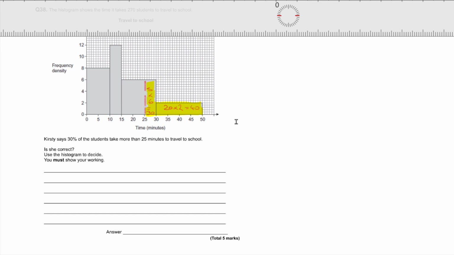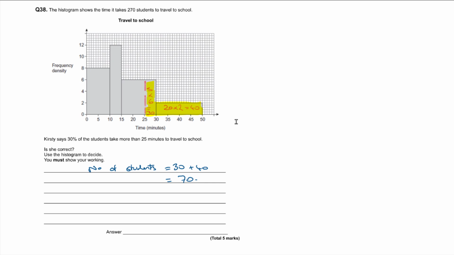Okay, so we got 30 and 40, so number of students, it's going to be 30 plus 40 from the 2 bars, that's 70. So what is that as a percentage? Now we've got 270 students in total, so expressing 70 as a percentage of 270, the percentage is going to be 70 over 270.